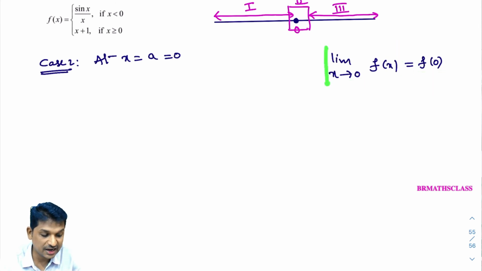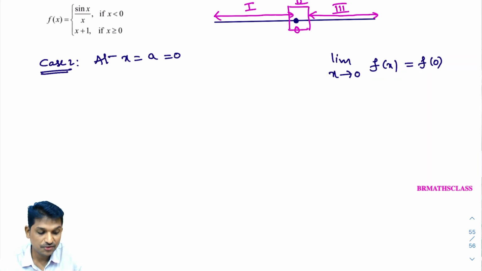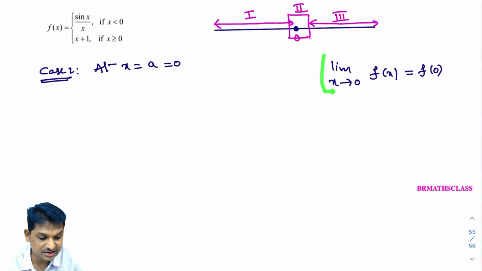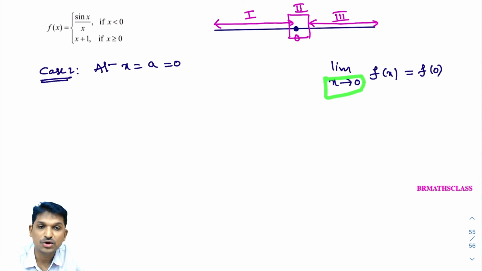So what I'll do, I'll calculate this one and then I'll calculate this one. If both are equal, then I say that the function is continuous at x equal to 0. To calculate this one, we have a problem. X approaches 0 means x values are slightly less than 0 or slightly greater than 0, but not 0.